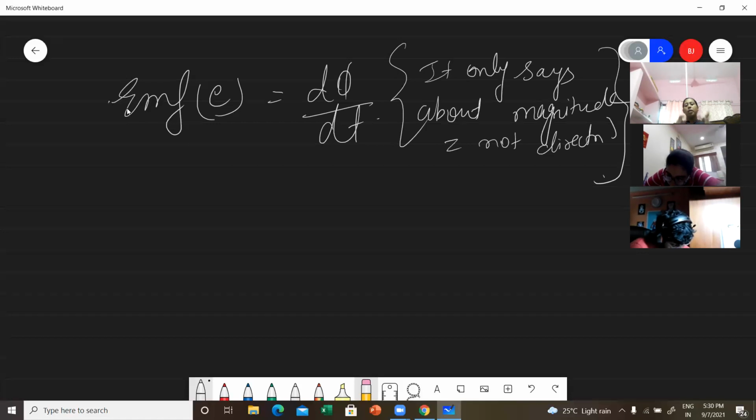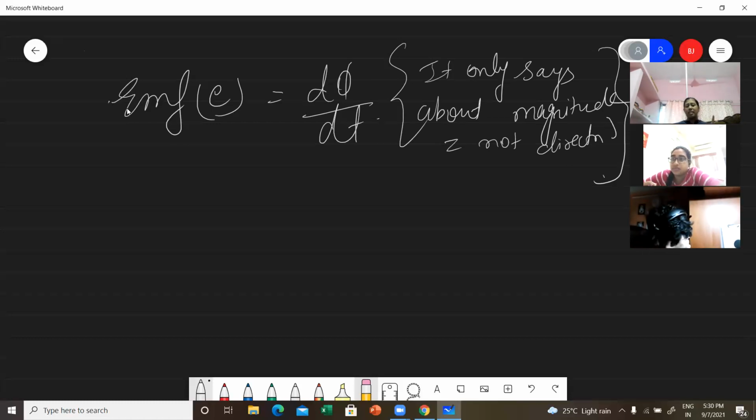Because my direction is given by what? My magnetic field and my area vector. Phi is a scalar quantity, but the magnetic field and the area vector give us the direction.